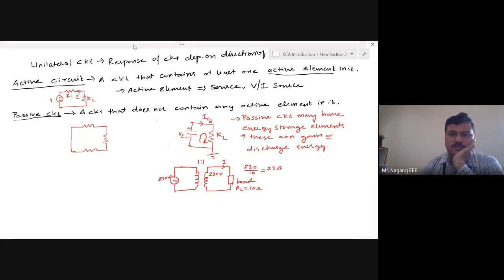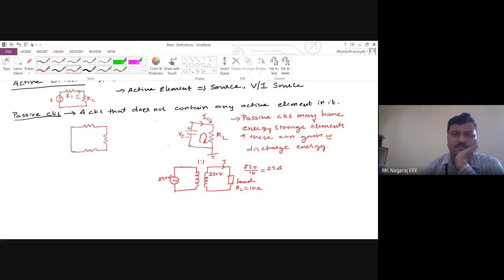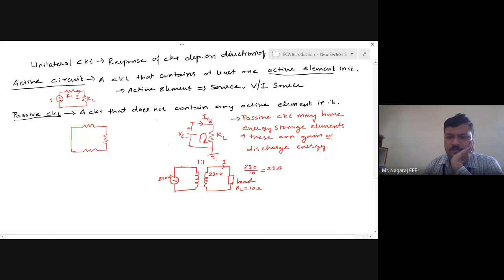So if I observe only the secondary part of the transformer, it is a passive circuit. An active circuit is one which has at least one source in the main circuit. Now, if I don't connect 230 volts to the primary of the transformer, I don't get any secondary voltage.